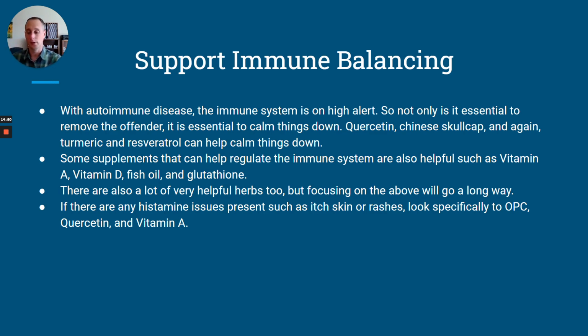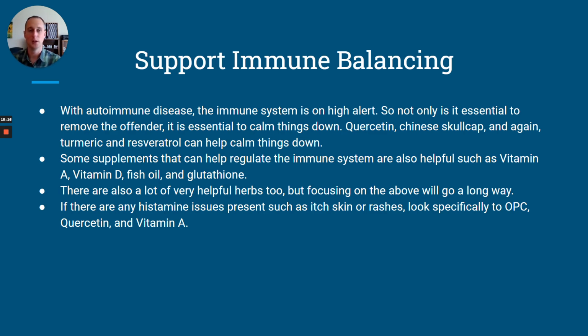And so it's going to go, this thyroid protein looks very similar. Let's destroy that. And so that's the mimicry part. It's going to start seeing things like that. So as it's going through and trying to destroy whatever this offender is, it's going to end up, unfortunately, destroying our own tissue.